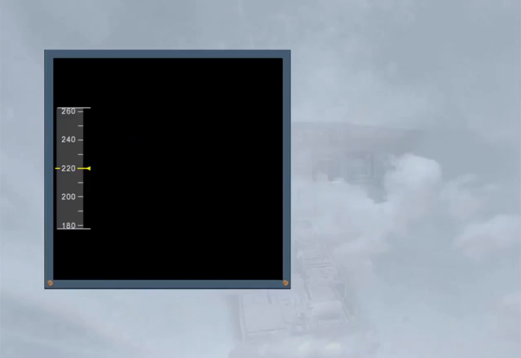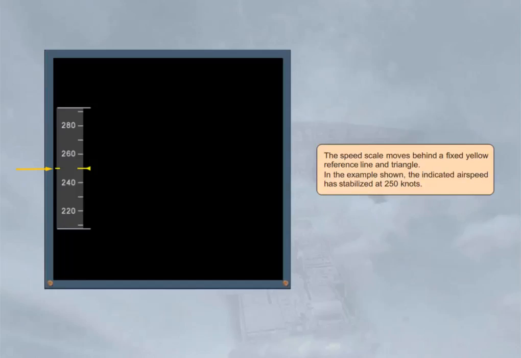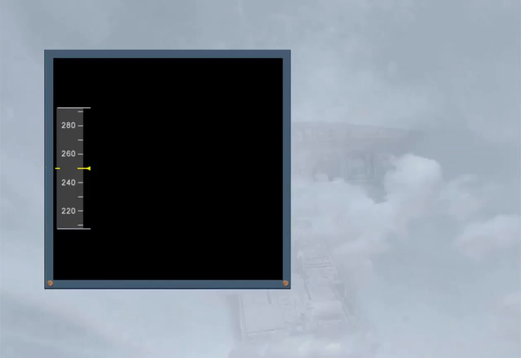The speed scale moves behind a fixed yellow reference line and triangle. In the example shown, the indicated airspeed has stabilized at 250 knots. When the aircraft is accelerating or decelerating, a speed trend arrow appears.